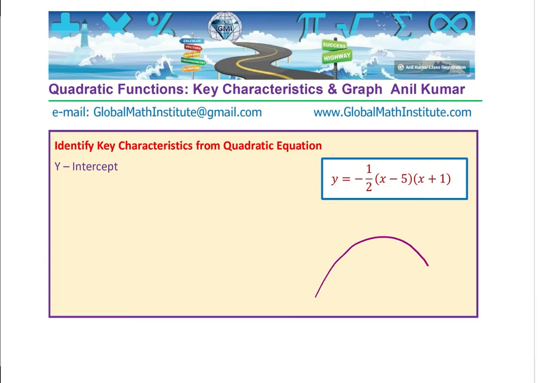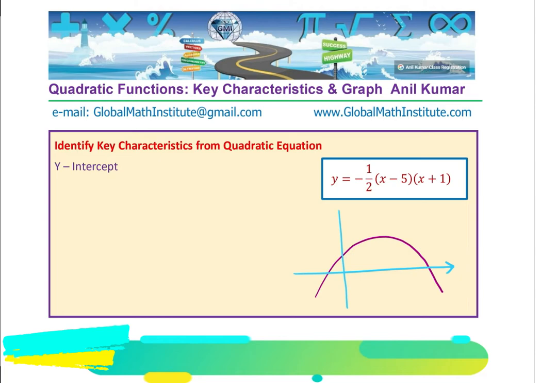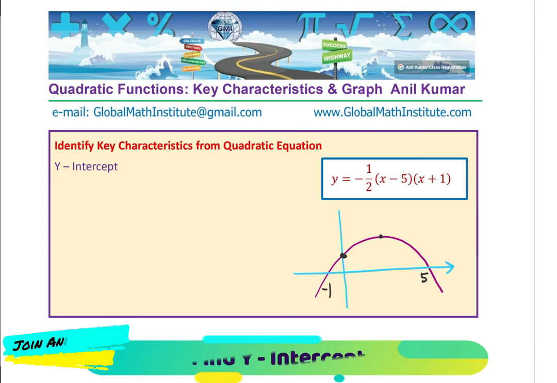So let me again sketch this graph as we know it. Perfect. So we are now interested in finding the y-intercept, which is this particular point. We know so many other points, right? So the y-intercept is the point where the x value is 0, right?